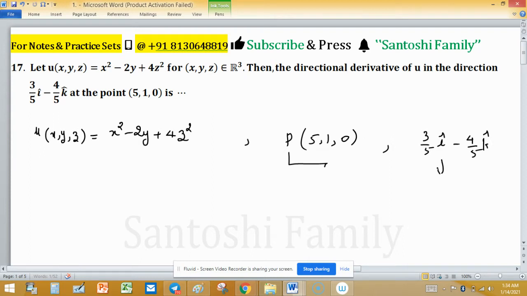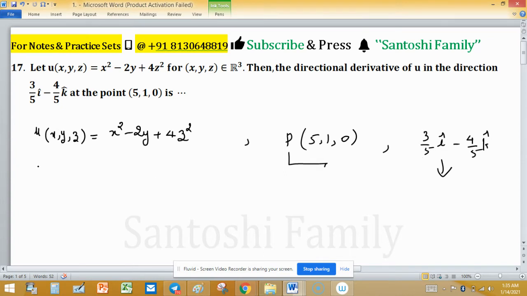Normally many writers use a unit vector. You can check here whether this is a unit vector or not. It is not necessary to find the directional derivative in the direction of a unit vector, but it is a convenient way to find it.